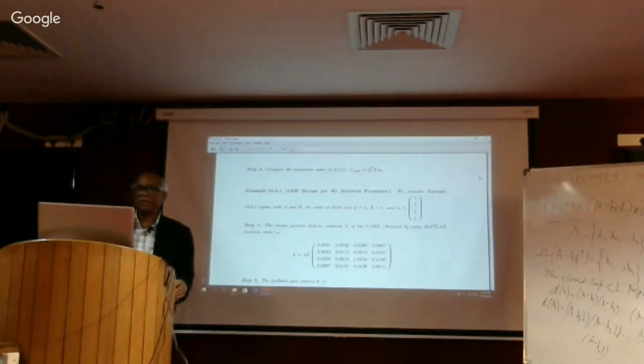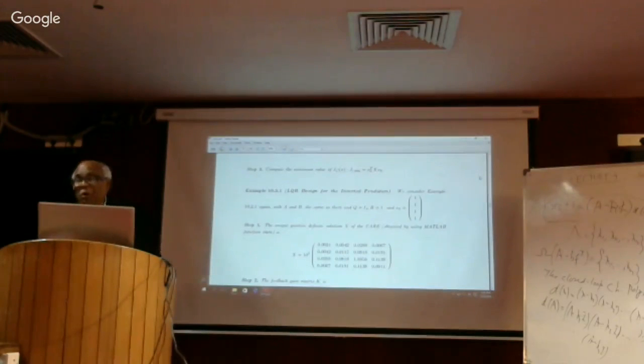For the time being, you may know that MATLAB has a function called Lyapunov. MATLAB also has a function for solving this continuous-time Riccati equation, called CARE, C-A-R-E.